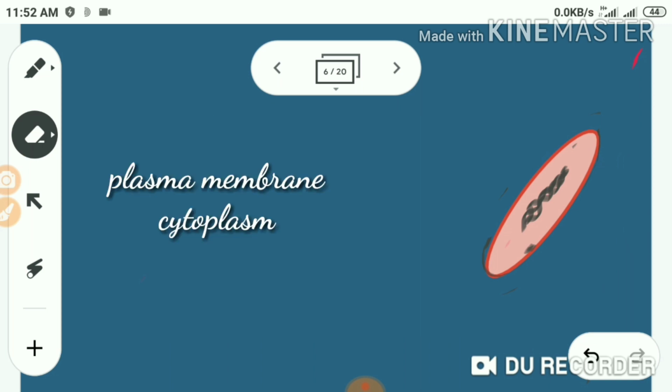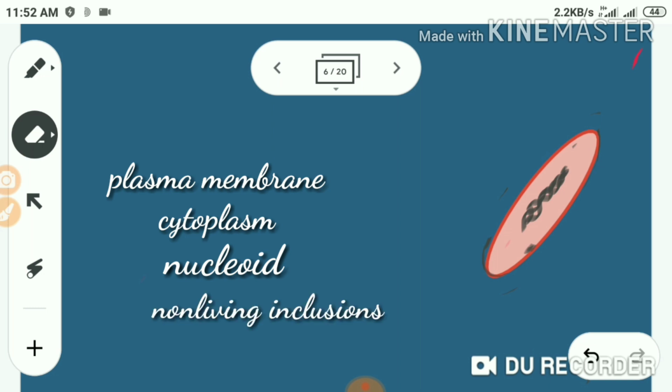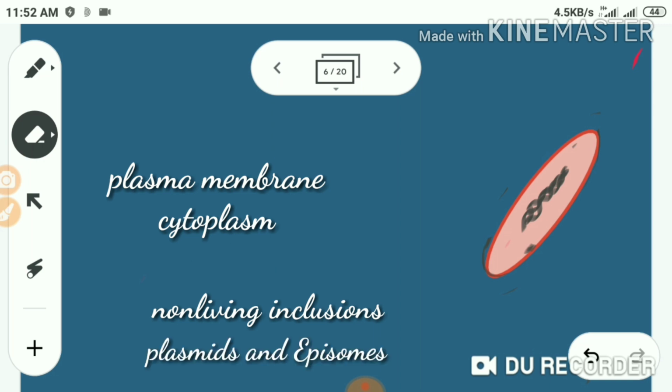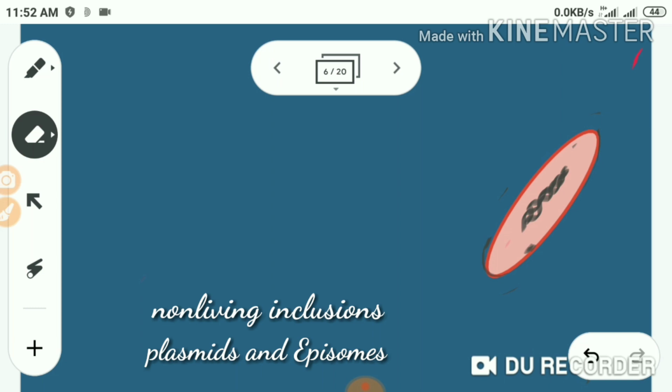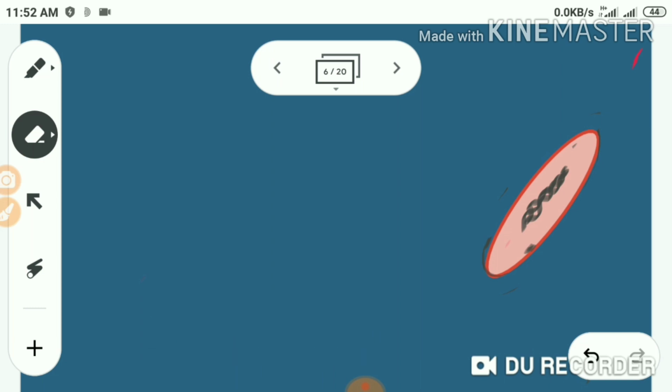Got it. So the protoplasm consists of plasma membrane, cytoplasm, nucleoid, and non-living inclusions. Plus, in certain bacteria, plasmids and episomes are also there. So that's about the protoplasm.